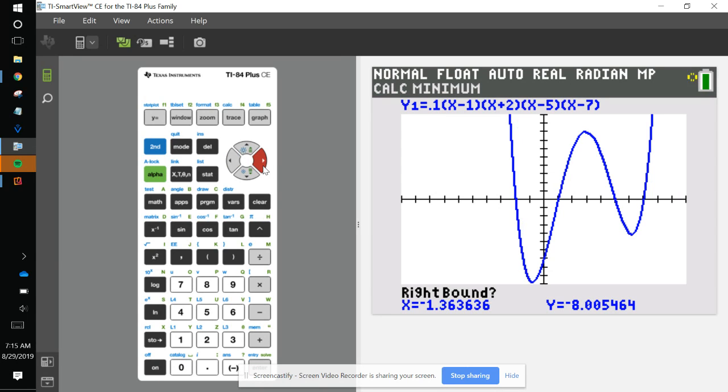Then move the cursor for the right bound anywhere to the right of the minimum. Then it says guess, press enter one more time, and it tells me my minimum value is negative 0.821, comma, negative 9.774. You're going to do the same thing for a maximum.